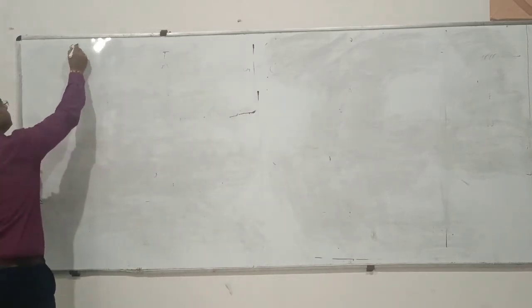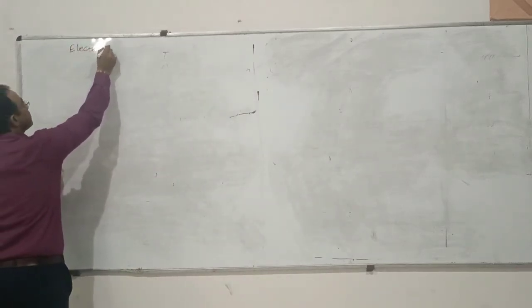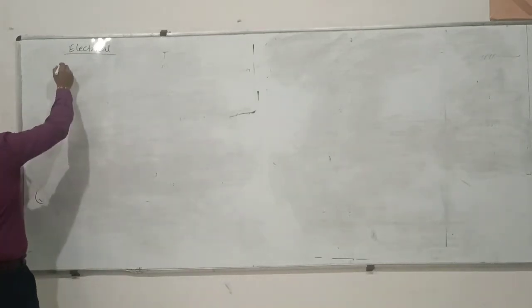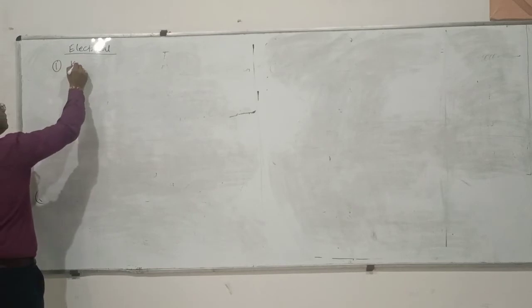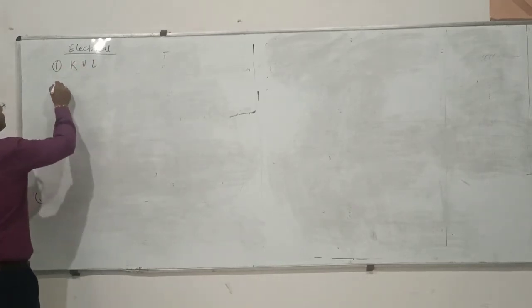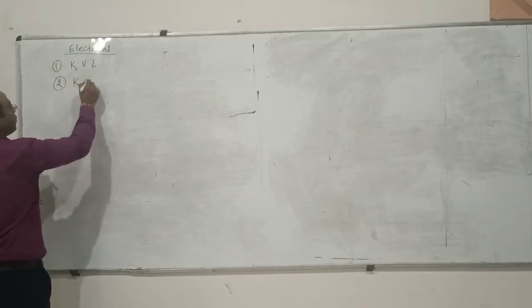Electrical system is governed by two principles. Number one, KVL, that is Kirchhoff voltage law, and number two is Kirchhoff current law.